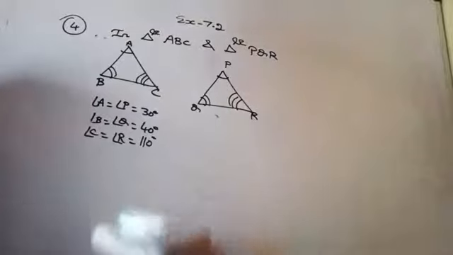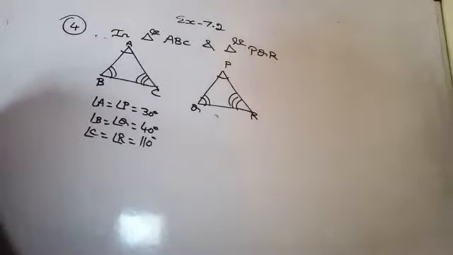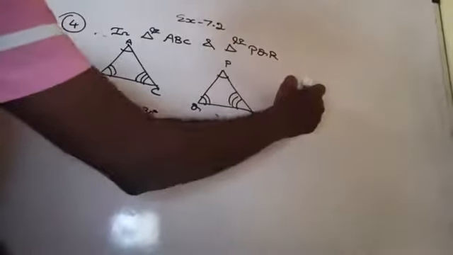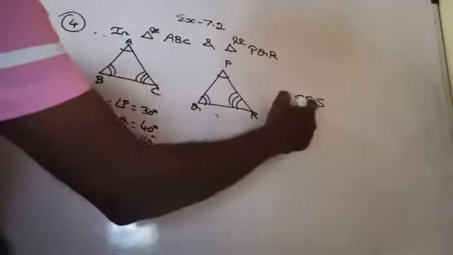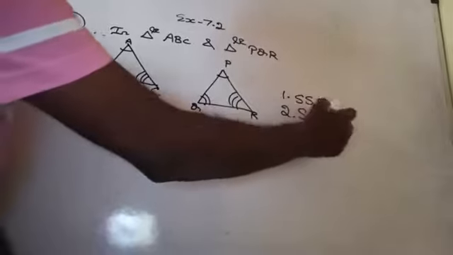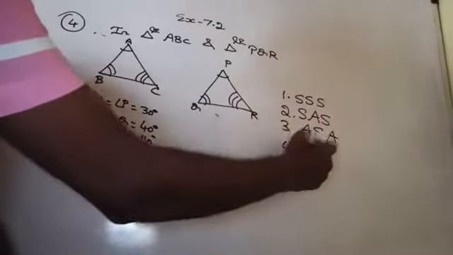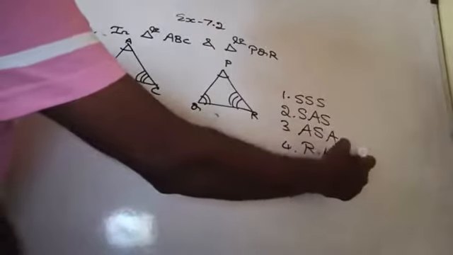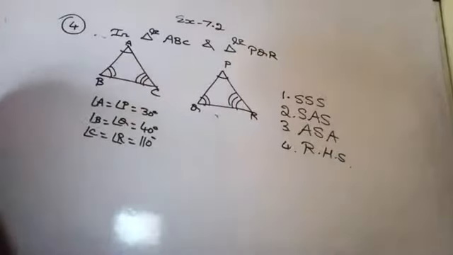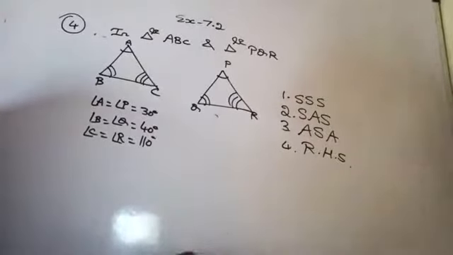We don't have any such congruence criteria in the name of AAA. Right? We are having only 4 congruence criteria: SSS, SAS, ASA, RHS. Are you getting here? SSS, SAS, ASA, RHS. So we don't have any congruence criteria AAA.